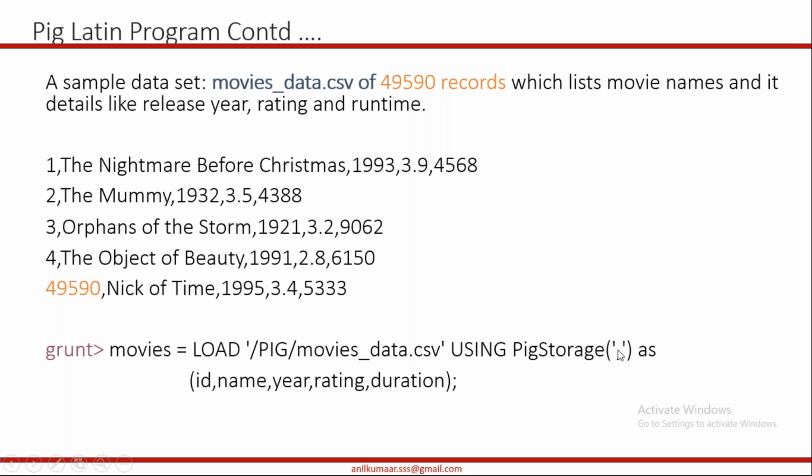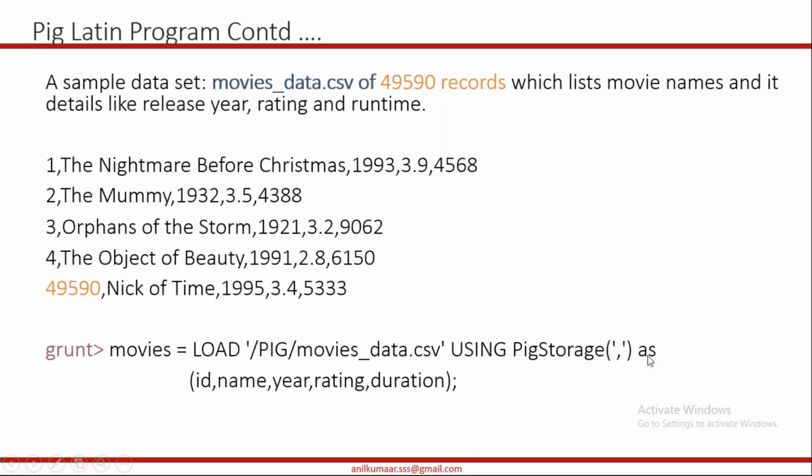Suppose this is a TSV file, then you specify \t, or you can go without it, because PIG's default format is tab separated. So if you have tab separated data, there's no need to give PigStorage. But still, if you want to, you can give it using \t.